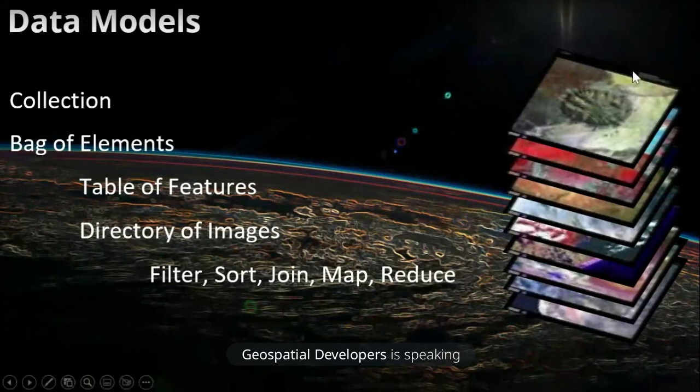If you see something like what I showed earlier, this is an image collection. With the image collection, these are some of the functions you can run. You can filter, sort, join, map, or reduce. And I'll touch on all these one after the other when we get into the practical section.